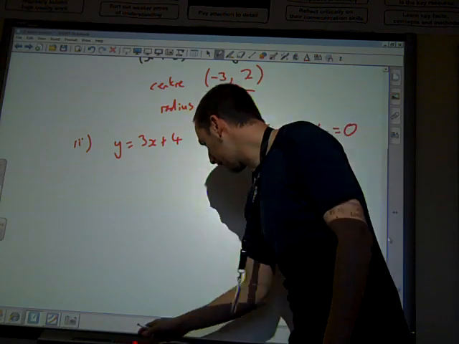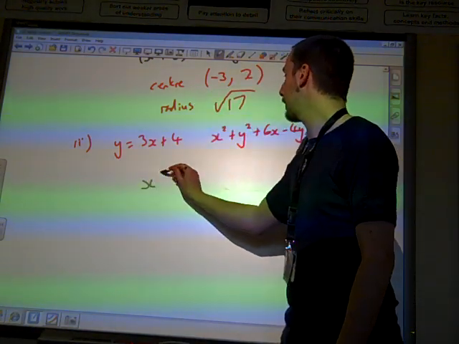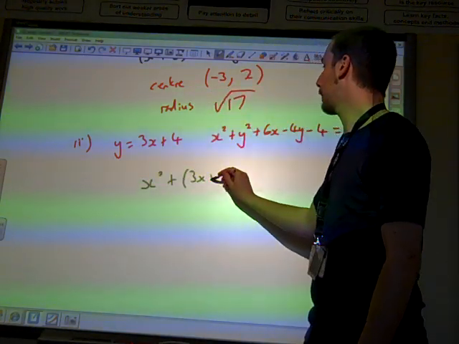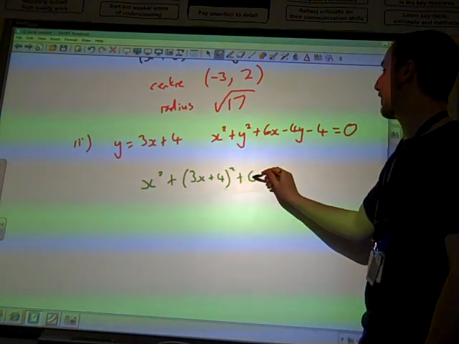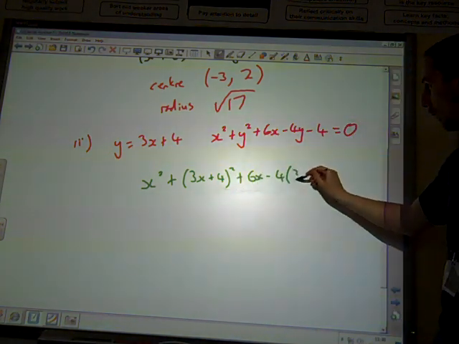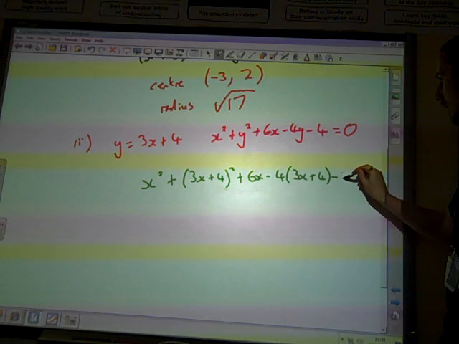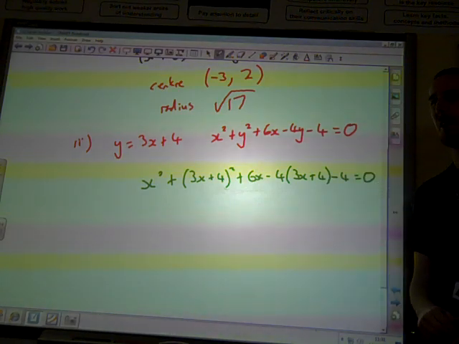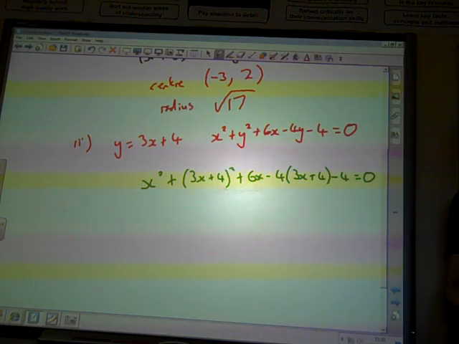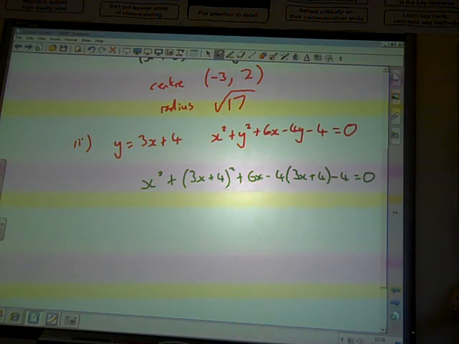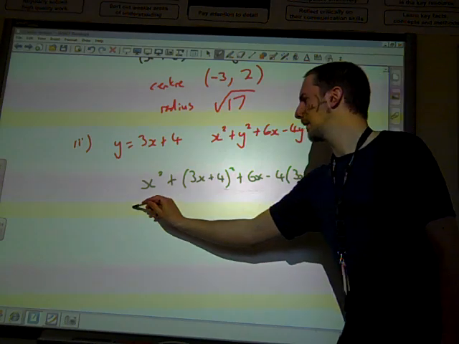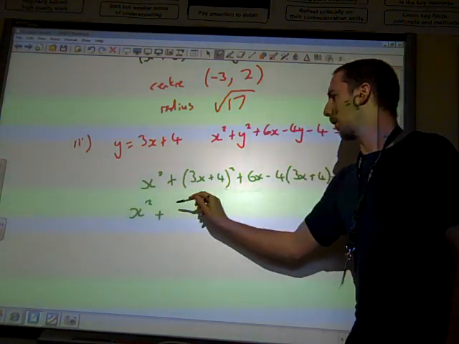Right. So we substitute in the y value: x squared plus (3x plus 4) squared plus 6x minus 4(3x plus 4) minus 4 is 0. We've just got a whole load of algebra to deal with, really. There's nothing immensely difficult in that. We're going to have to be really careful though.